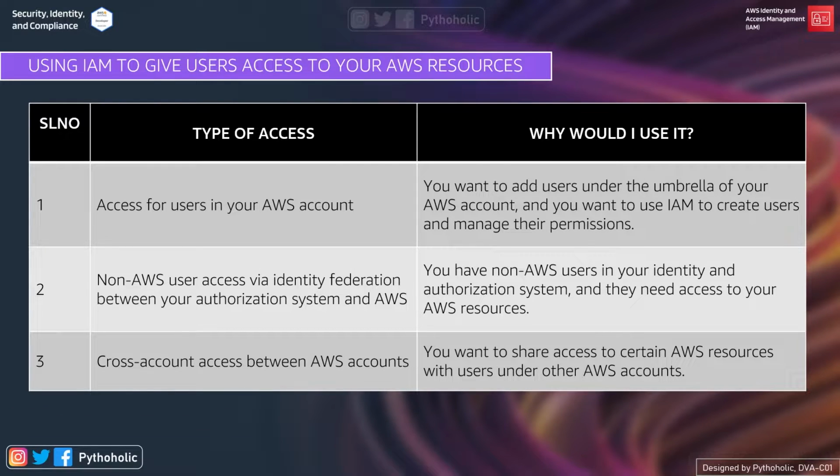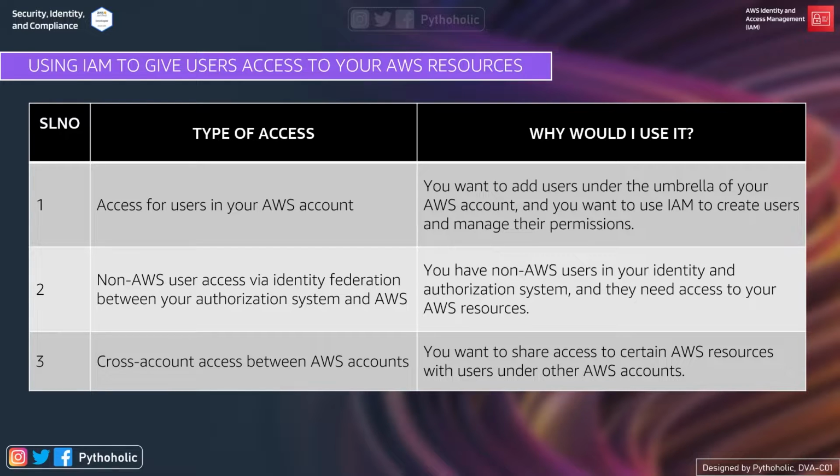And this is the one that is most widely used in organizations now. The next one is cross-account access between AWS accounts. Like you have dev account or prod account, and users from each of the accounts want to access resources in another account. So we make use of this when you want to share access to certain AWS resources with users under other AWS accounts.